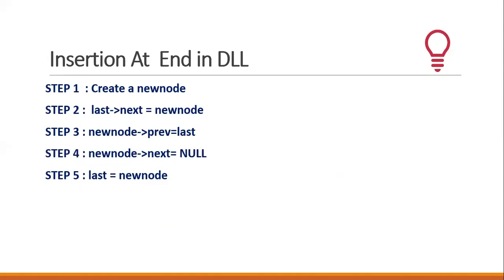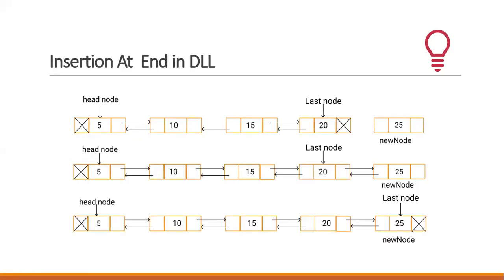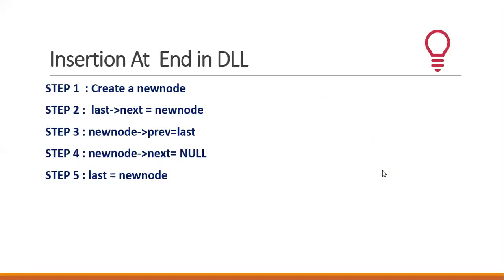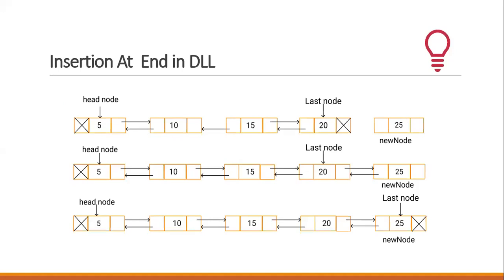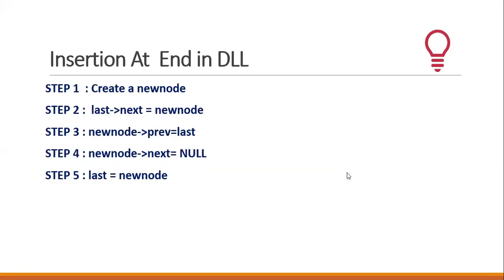So we can quickly recollect what has happened. We create a new node, that is step 1. Then whatever the last was, which we were already having, the next of it is attached to the new node. That's what we did in step 2. Then the previous of the new node has to get attached to the last node. That's what we did in step 3.